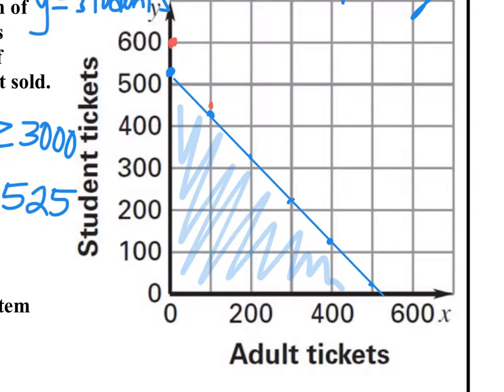Go a little bit more than 1.5 squares down and go over 1. And you keep following that all the way down. It should hit the x-axis at 375, and I'll show you why I know that in a second.